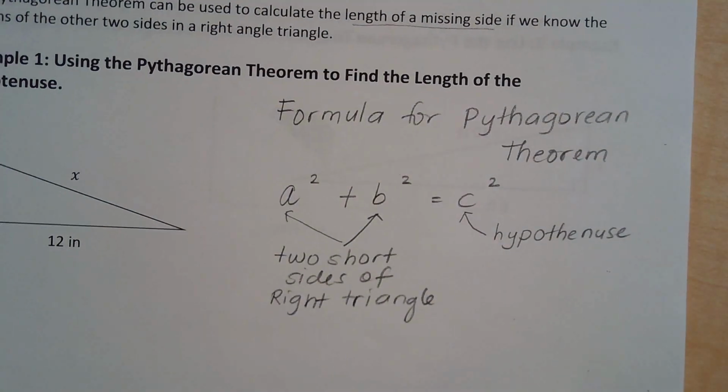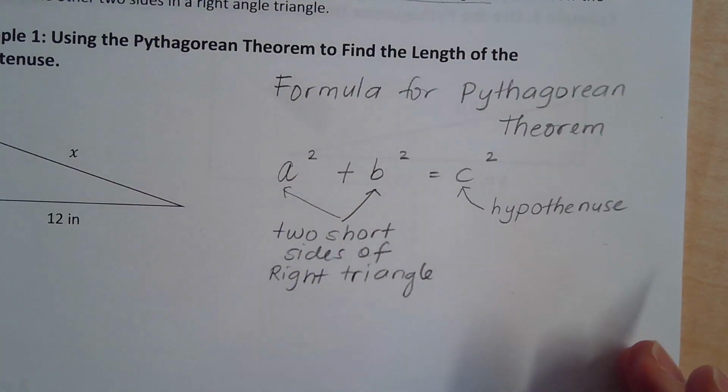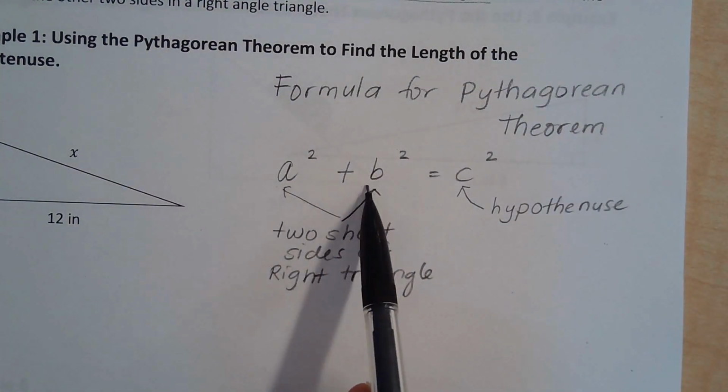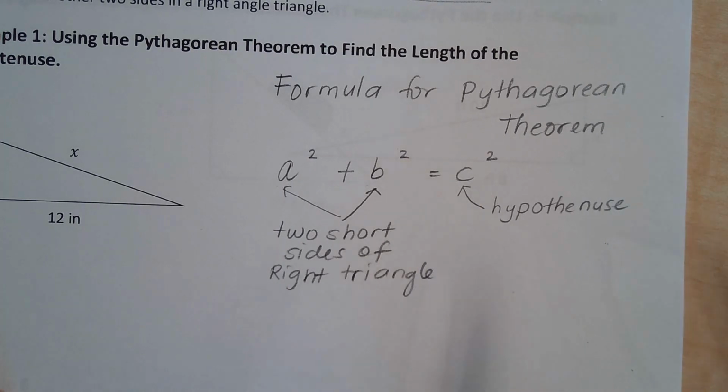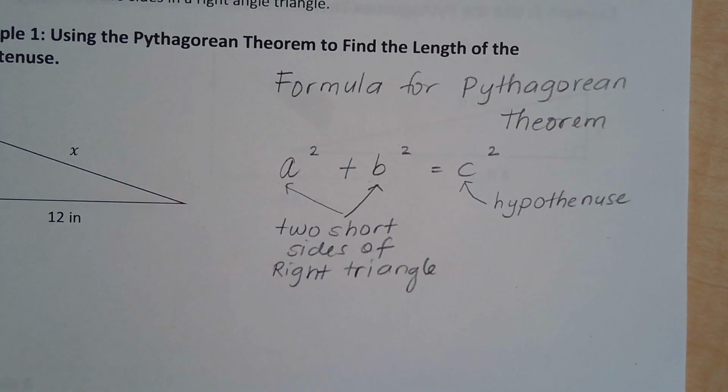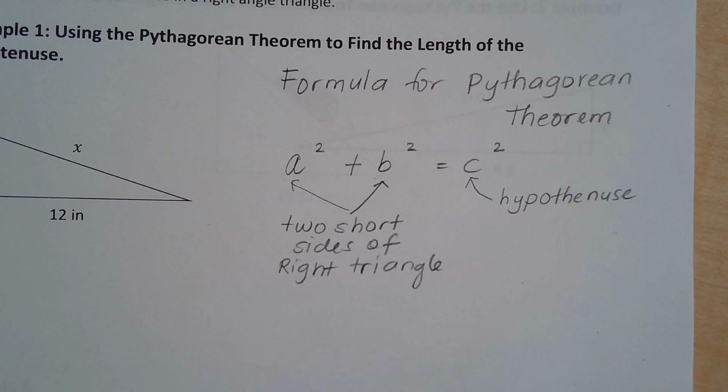Think of this as like you got the two short sides together to make one long side, right? So, okay, I'll let you finish copying that part down and then we'll get started. So far, so good?